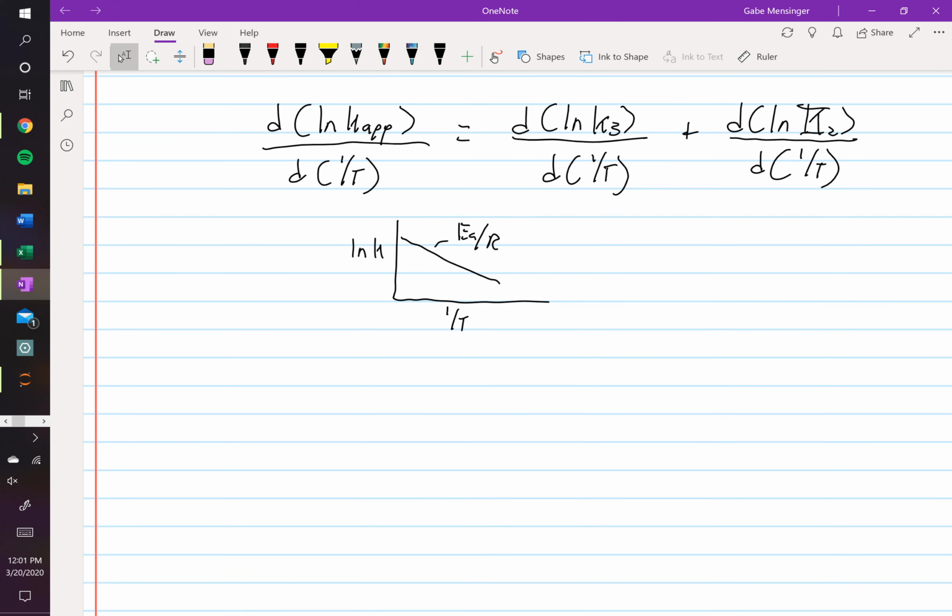So we can rewrite those differentials: the apparent activation energy over R is equal to the activation energy of step 3 plus delta H, or I guess delta H2, of the second reaction. The reason it's delta H for the second one is because it's a reversible reaction.